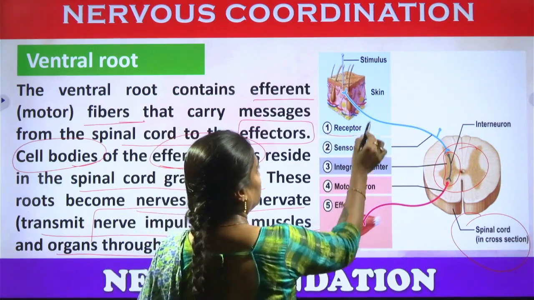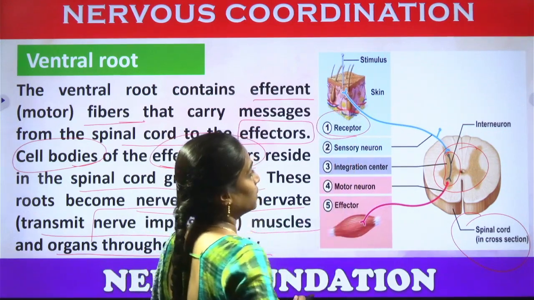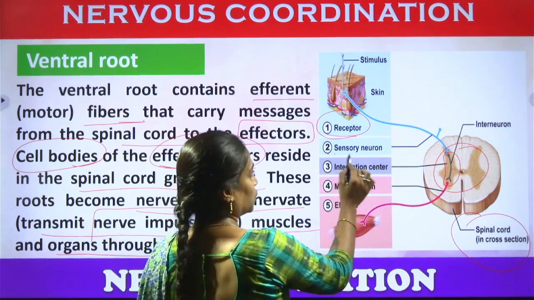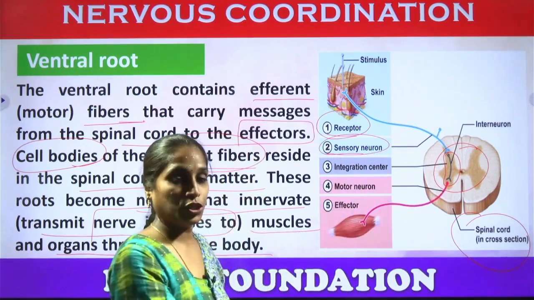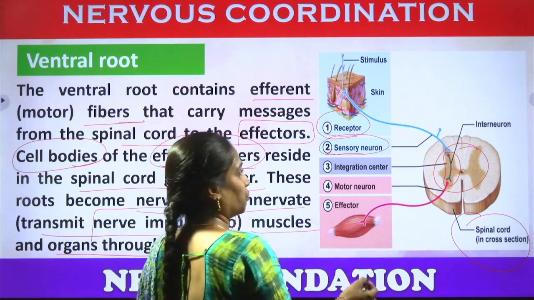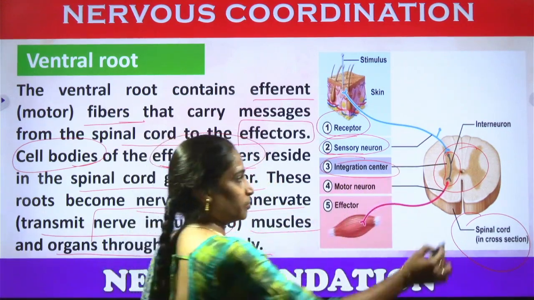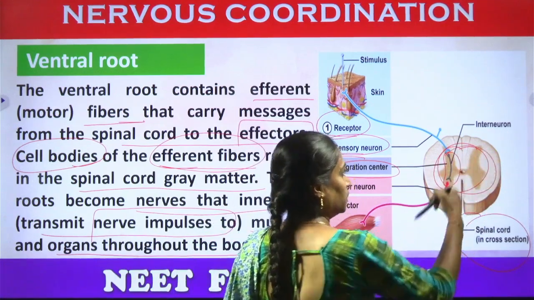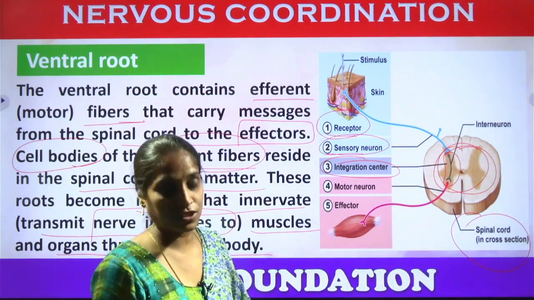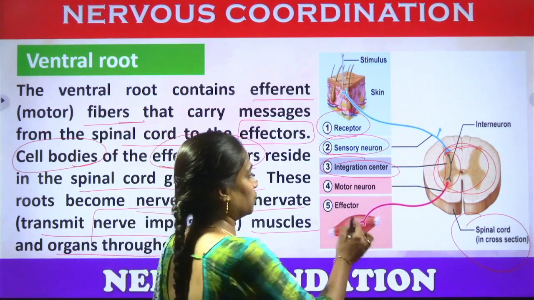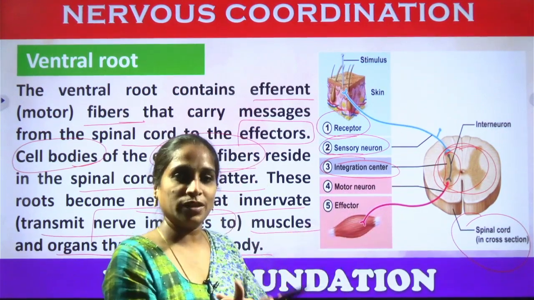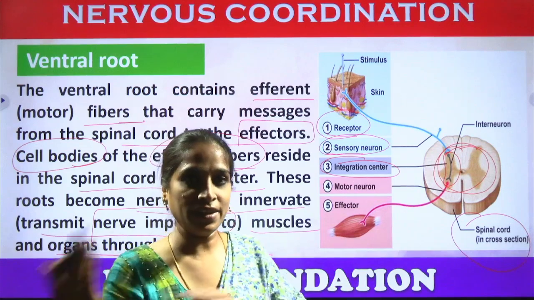First element is the receptor attached to the sense organ, and next is the stimulus converting into impulse in the sensory neuron. It sends towards the integration center, the place in the internal part of the spinal cord called the integration center. Integration is nothing but coordination, receiving and sending.